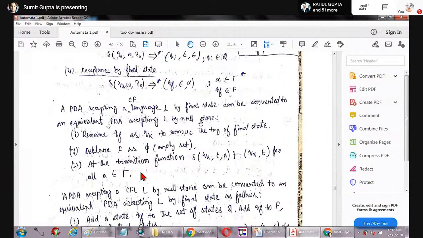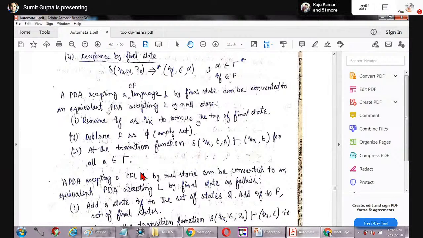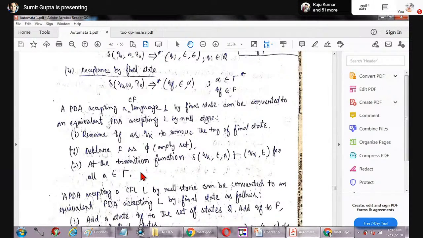কিভাবে করব? We have to rename QF as QK to remove the tag of final state. প্রথমে we have to remove this particular final state and we will rename it as QK suppose to indicate any other state, not the final state. Second, declare F as empty set. সেক্ষেত্রে আমরা F টাকে empty করে দেব। In case of null store the stack should be empty, right?